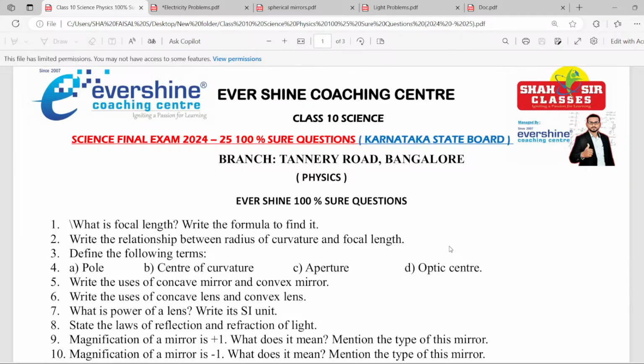Believe me, this year's SSLC board question paper will definitely be very easy, and most of the questions you can find straightforward. That is our expectation, what our experience speaks, that's what I'm telling. Do not worry. Definitely the paper will be very easy and you can easily score very good marks. Not only good marks, you can even get a good percentage.